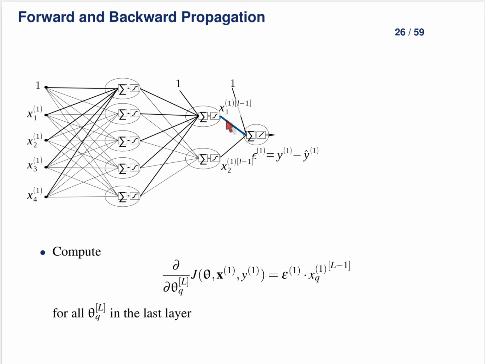If we take any generic parameter in the last layer, like the weight of this connection here, let's call it theta q, it is just the multiplication of the residual by the corresponding outputs on that connection. So computing derivatives in the last layer is easy.